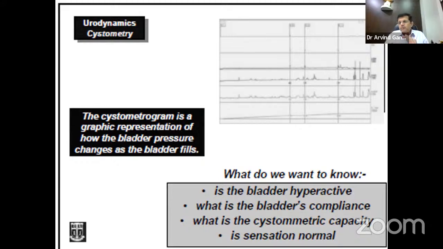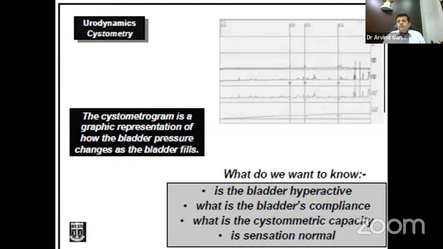The most important out of this in certain disease entities is the filling phase. Now, all the PG students are taught what components you see in a filling phase. The first is the capacity of the bladder. The strong desire would be the capacity of the bladder. Anything beyond 300 cc would be the capacity of a normal individual.